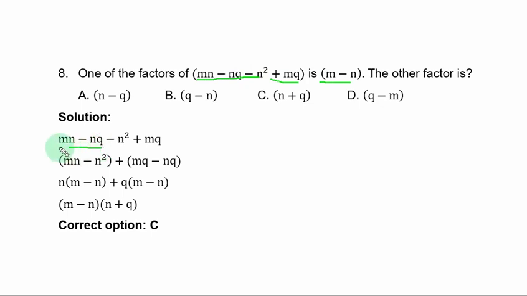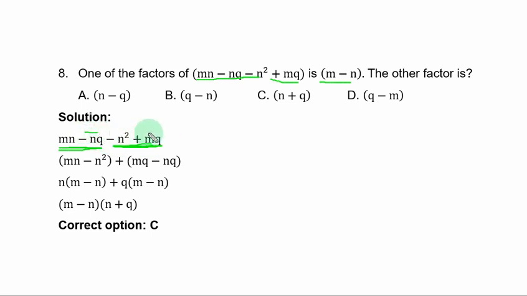Now actually, these two terms can form one group, but when you take these two as one group, there is no common term, so you have to look at it carefully. If you take these two terms as one group, it means you cannot factorize, and you will not have any answer by that. So you have to look at it very well.